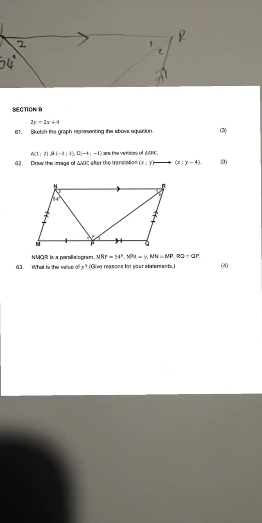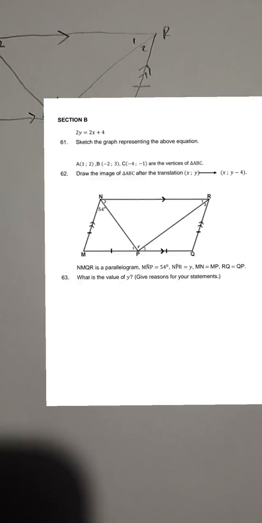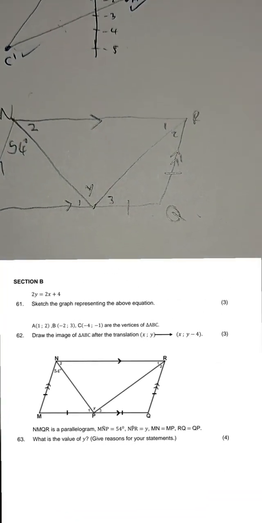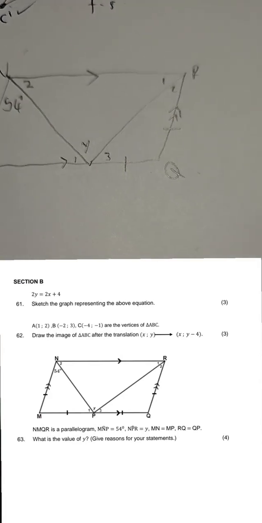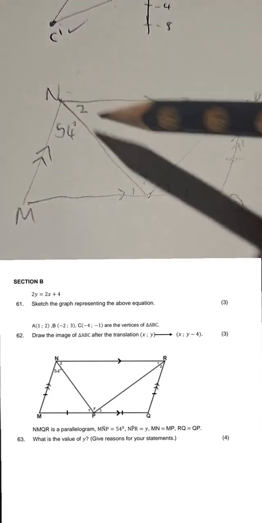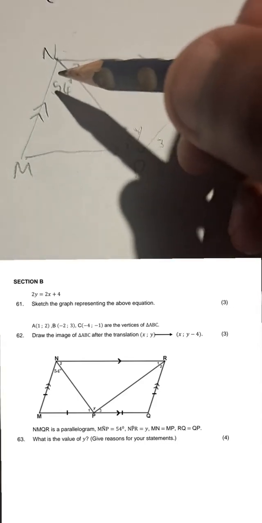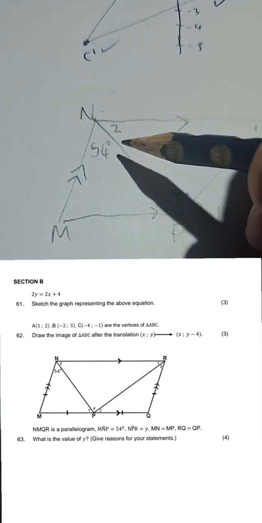NMQR is a parallelogram. Then they are saying MNP is 54 degrees, we are given.